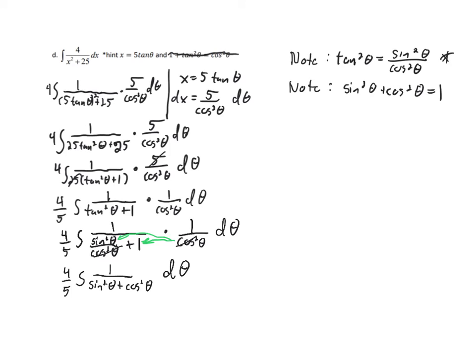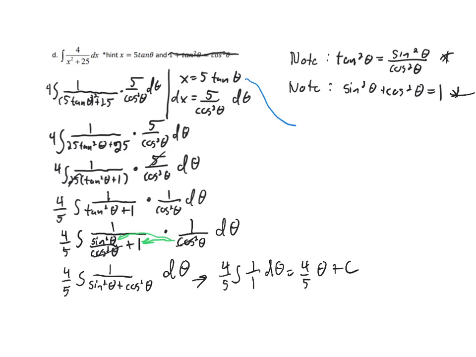Now we should notice that sine squared theta plus cosine squared theta can be turned into just 1. So 4 over 5 times 1 over 1 d theta, and if we integrate that, we get 4 over 5 theta plus c.